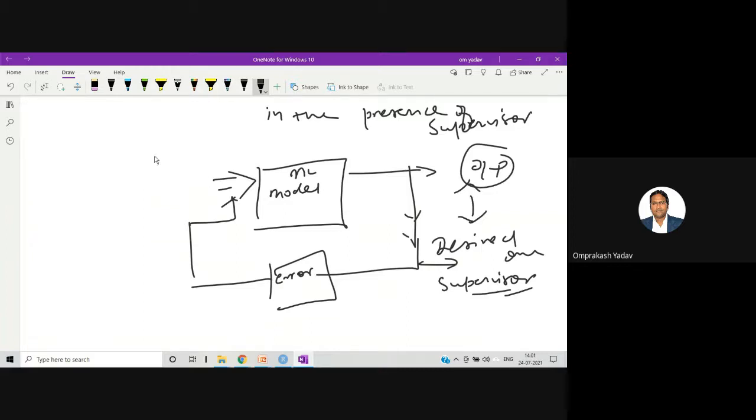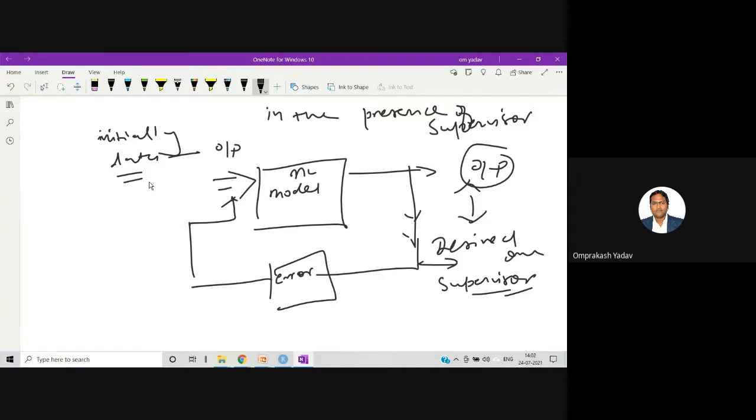So in this particular learning, we should have, initially only, the data, and we should have the pair, the data and its output. For this particular data, what will be the output? This set we should have in advance.